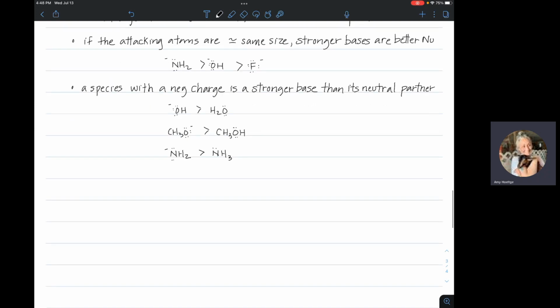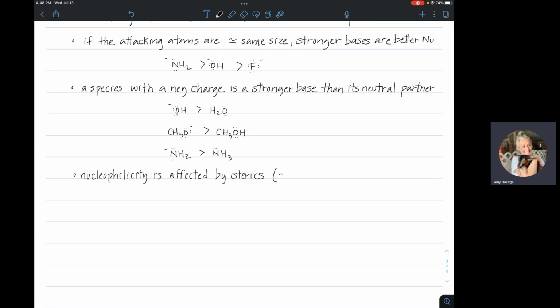And then we also notice that nucleophilicity is affected by sterics. In other words, the size of the nucleophile also matters.